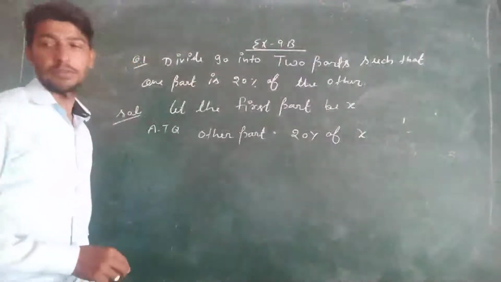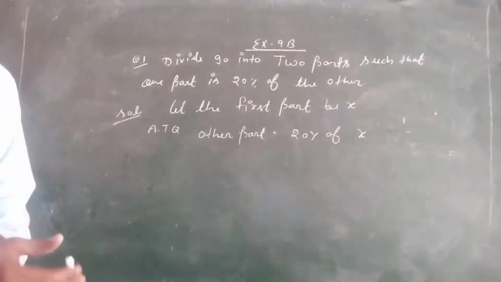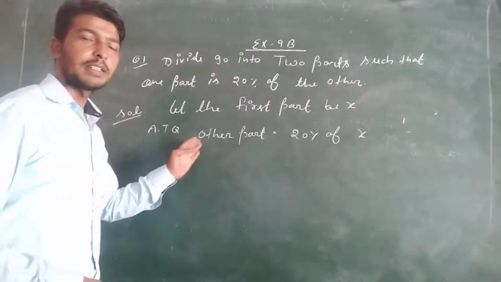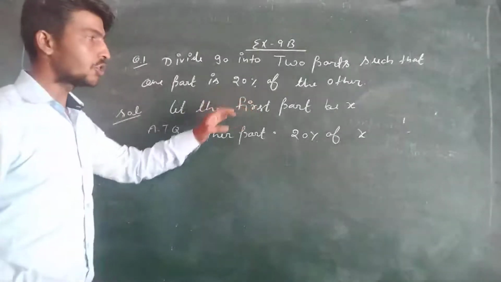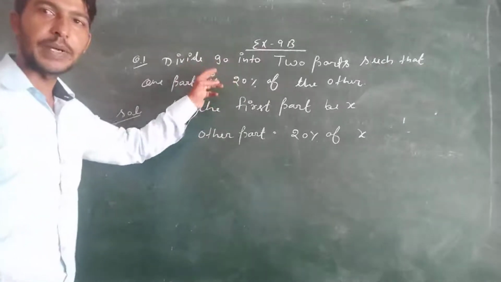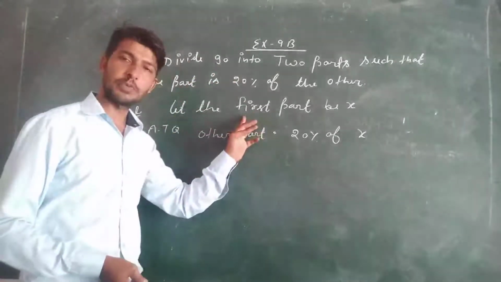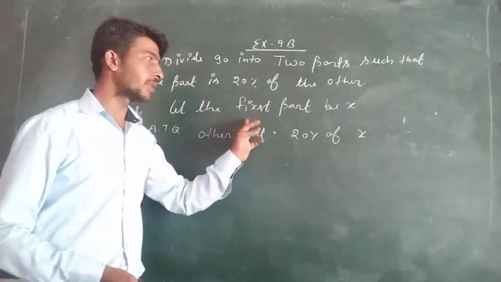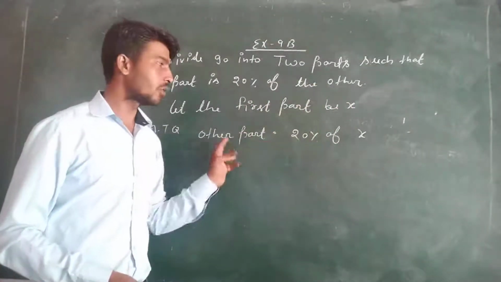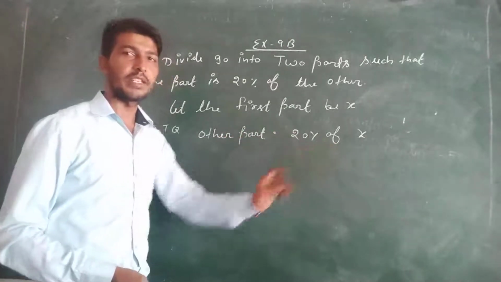Okay, so now this is the first part and this is, we can say, the second part. The total of these two is equal to 90, because 90 is divided into two parts, first part and second part. First part you let x, and second part according to the question is 20% of x.